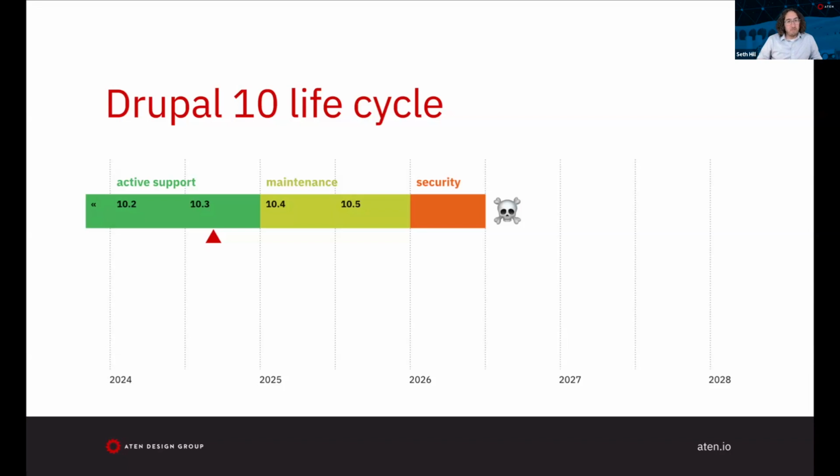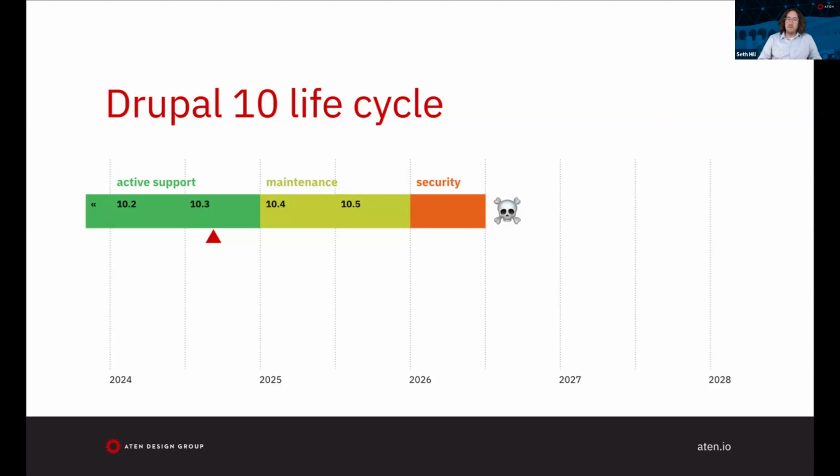Drupal 10.3 is out and it's receiving active support. When 10.4 is released around the beginning of next year, Drupal 10 will be in what's called maintenance support, which means that select changes from Drupal 11 will be backported down to Drupal 10. But really at this point, Drupal 11 is the development focus.